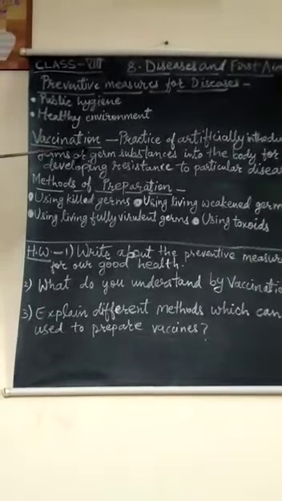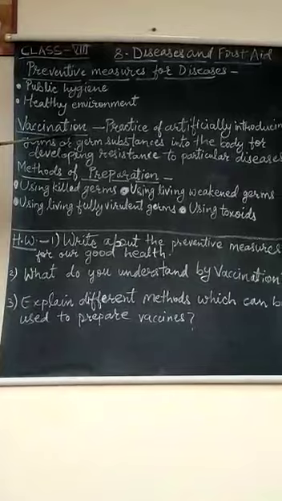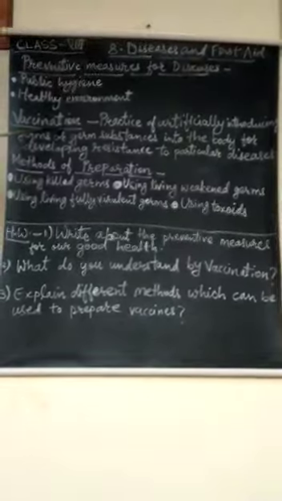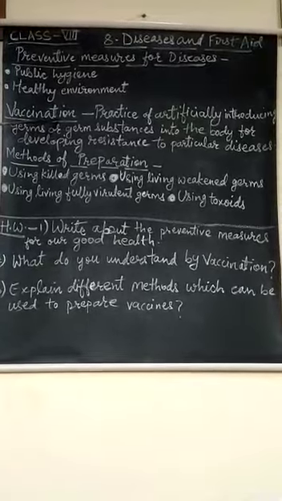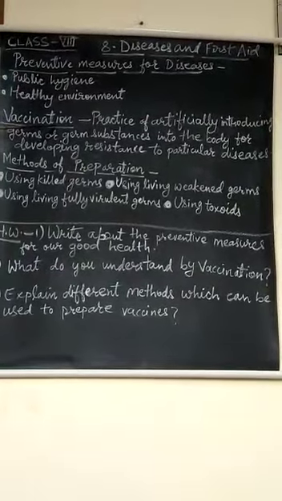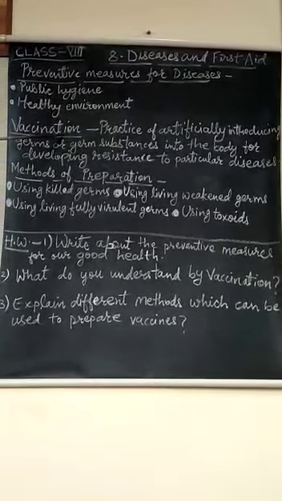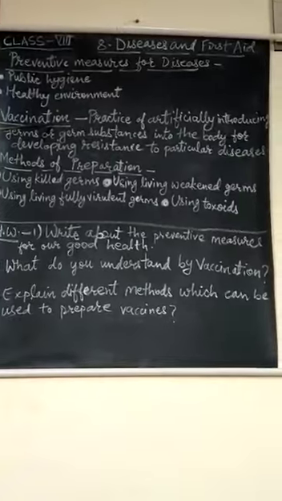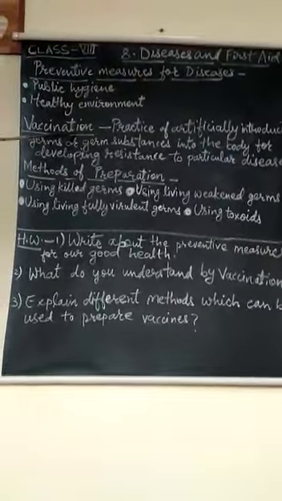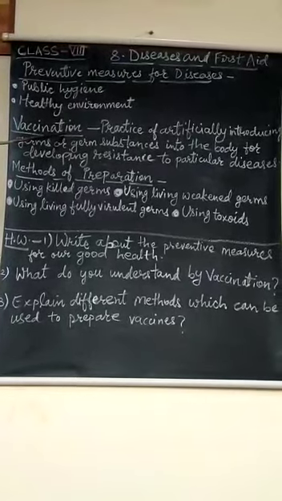In this way, Jenner's vaccination experiment was successful, and later Jenner's finding was confirmed by Louis Pasteur, and he developed vaccines for other diseases like anthrax, chickenpox, cholera, etc.